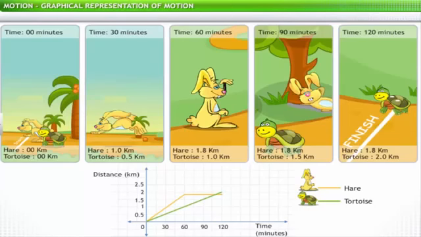In this lesson, you will learn about graphical representation of motion.